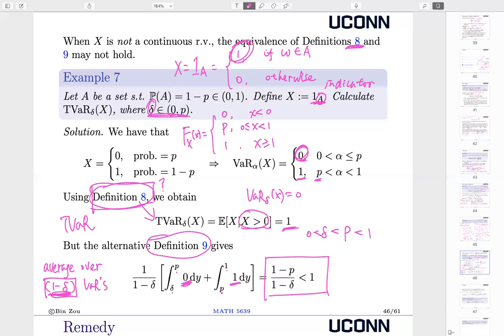what I want is to average over 1 minus delta. But since I jump, what I have is actually 1 minus p. So if I do averaging, I average on the right 1 minus p probabilities of loss. But what I originally want is to average over 1 minus delta.